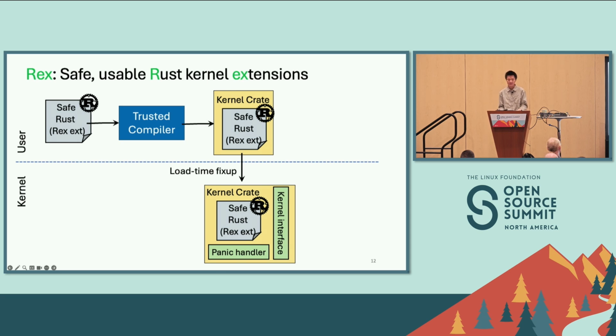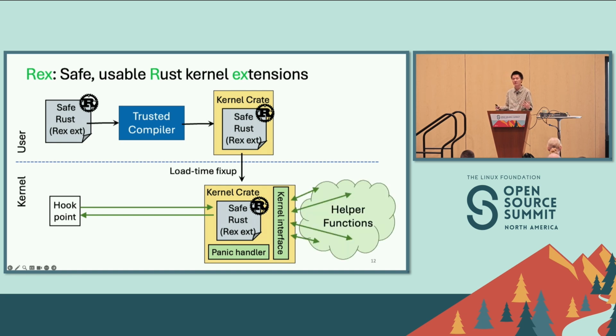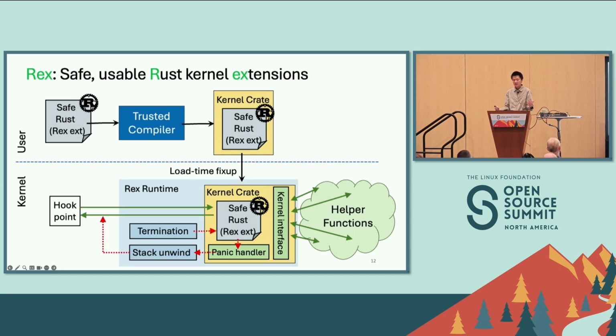After that, the program can be attached like normal BPF programs and interact with the same set of helper functions. At runtime, the Rex runtime provides support for safe exception handling as well as program termination.